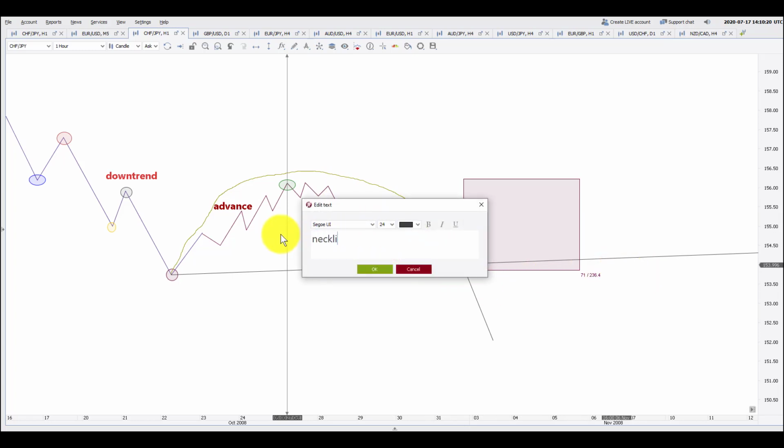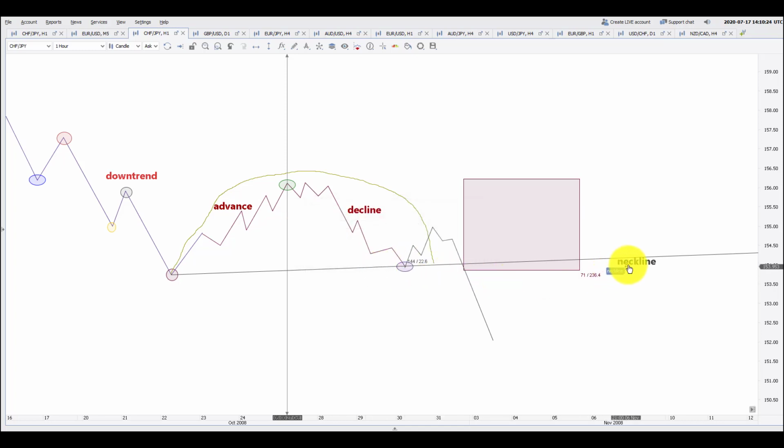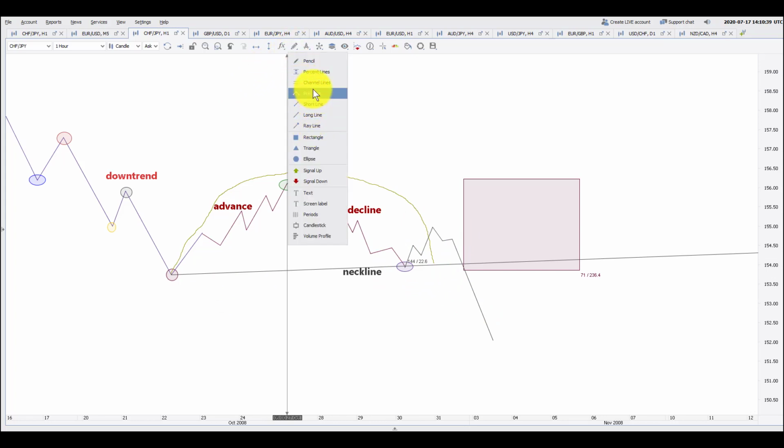Neckline is a trend line which needs to be broken in order to get the confirmed trade. Now this is a break here. This small formation here is called the handle.